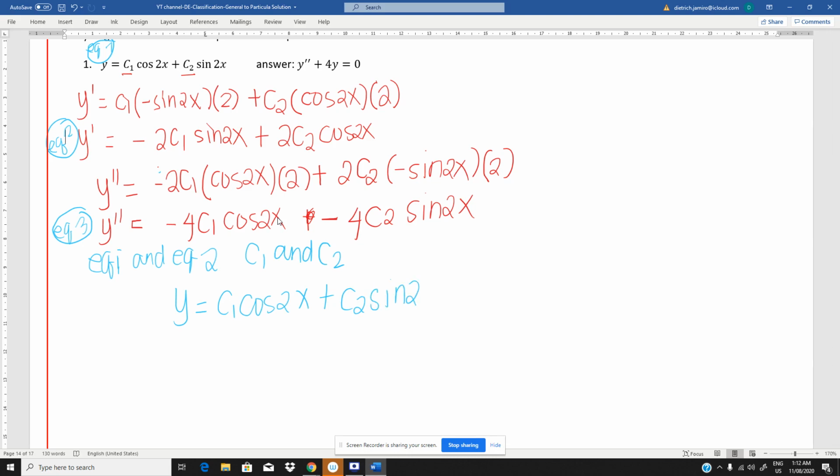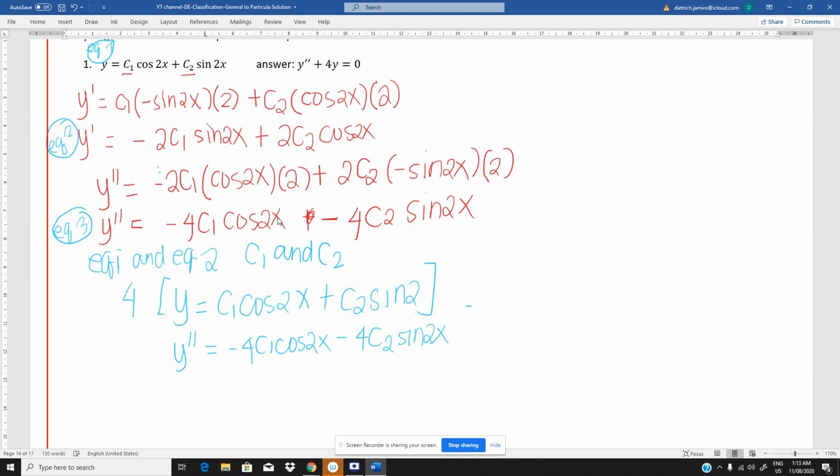The other one is equation number 3, which is y double prime is equal to negative 4c1 cosine 2x minus 4c2 sine 2x. You can see, if we multiply the first equation by a factor of 4, we will have this.